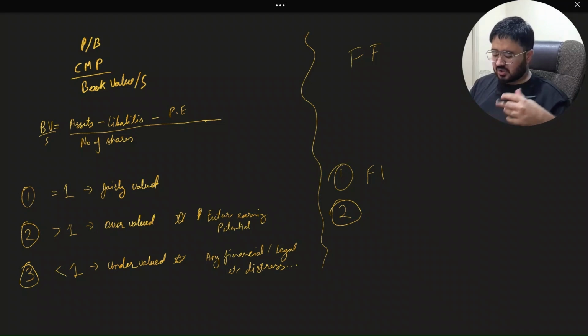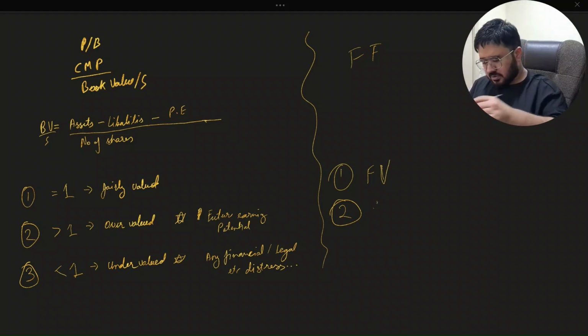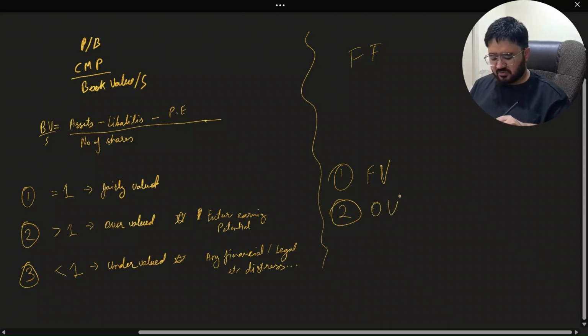That's overvalued, because you see the potential, you see a value in it. That's why you are ready to pay twice the ticket price. So that is an example of overvalued.